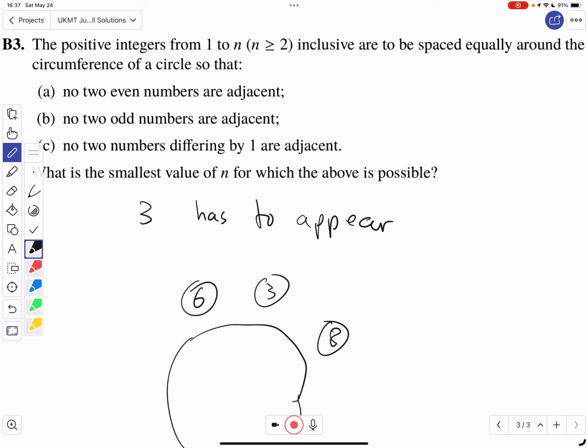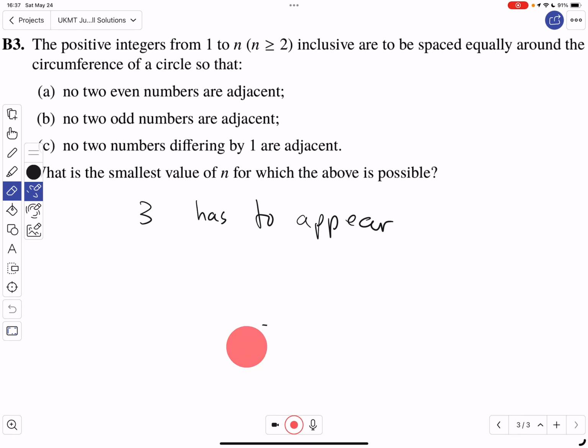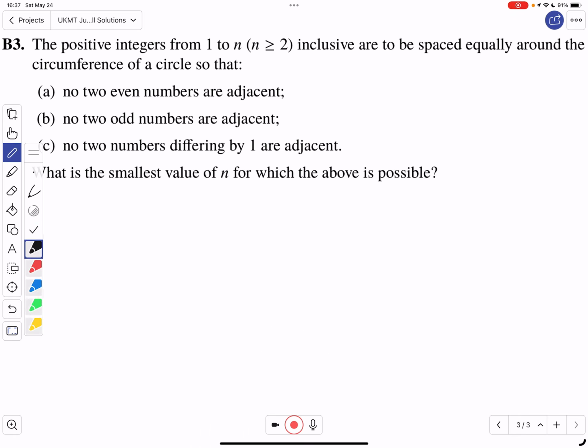There's no other ones. So we find that since it's 6 and 8, n has to be greater than or equal to 8, because one of them next to 3 has to be 8, and it has to be at least 8, otherwise 3 won't appear. So from this, we can now just try 8 and see if it works and keep going up.